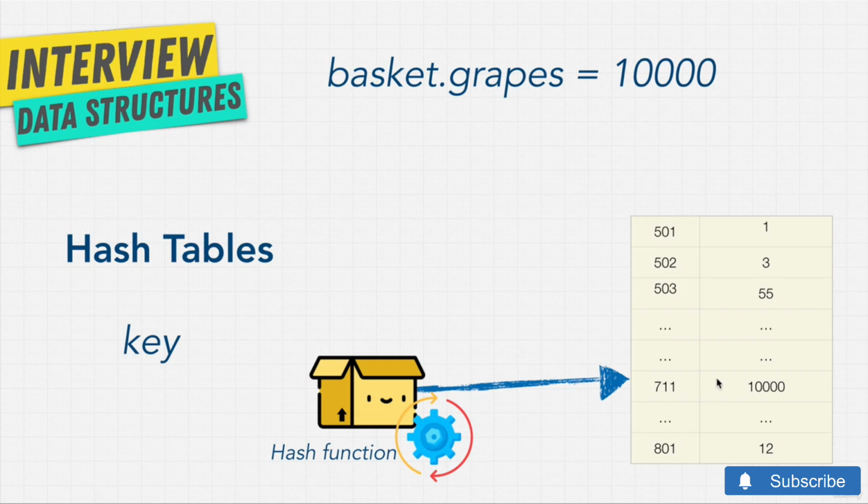And technically, it actually stores both grapes, the key, and the value of 10,000. Here, I've just simplified it to 10,000, just so it's a little bit cleaner. But keep in mind that it's going to store both key and value, and I'll show you a diagram showing this later on.